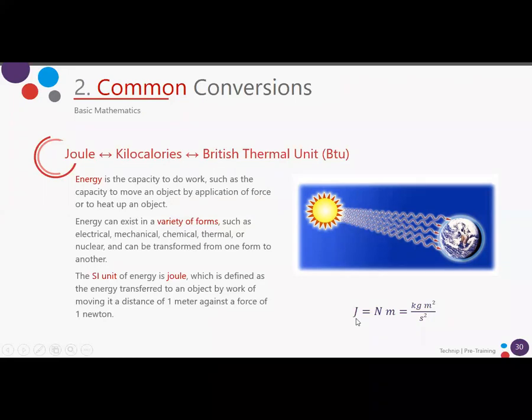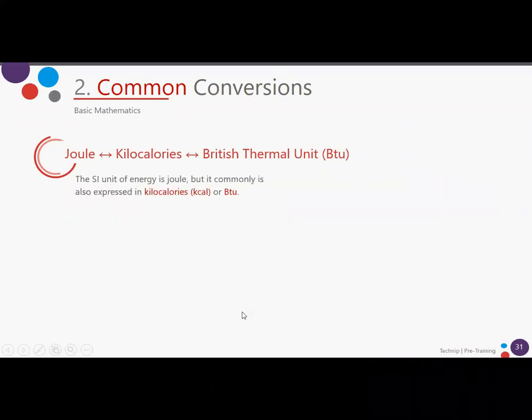So we see that 1 joule is 1 Newton meter. Okay, and here we have the conversion factors. The SI unit of energy is joule, but it is commonly also expressed in kilocalories or BTU.